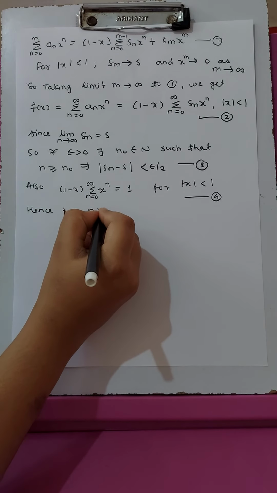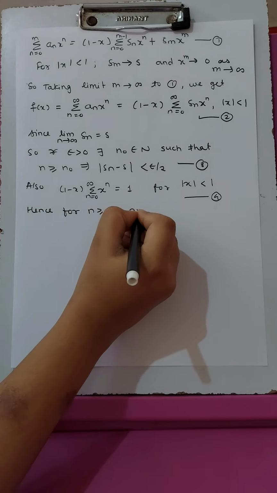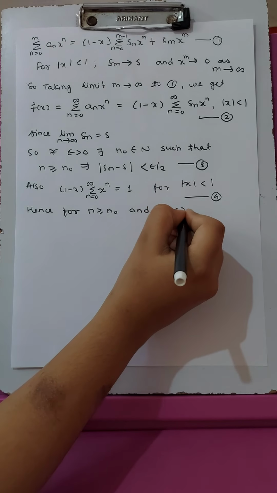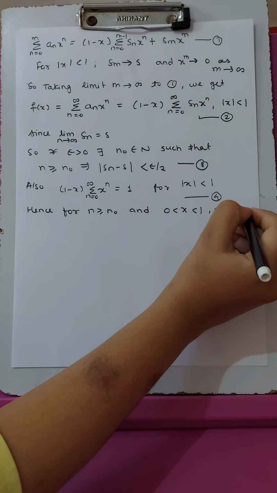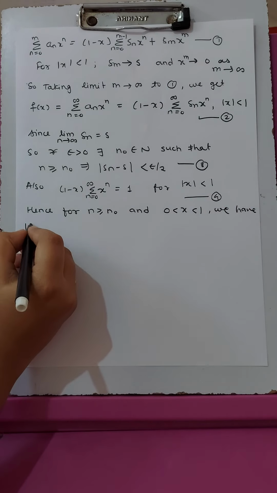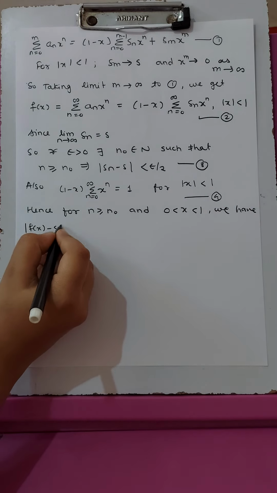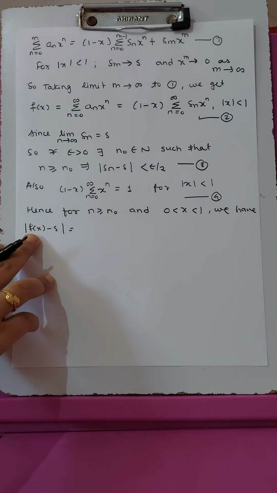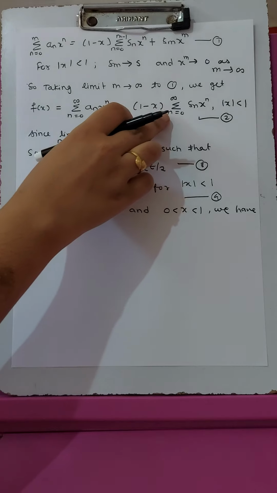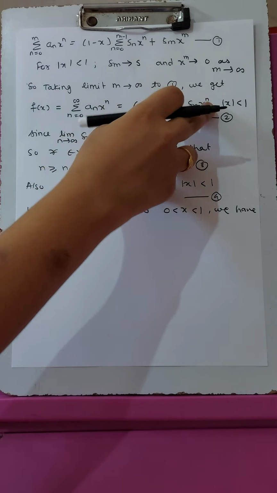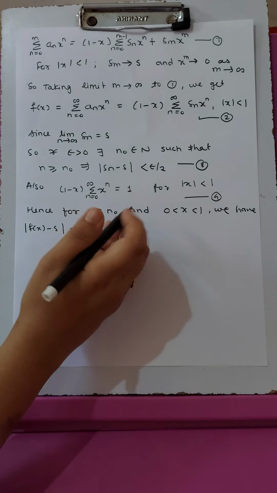Hence for n greater than n0 and 0 less than x less than 1, here we have mod of f of x minus s. Now we know that f of x is equal to 1 minus x summation n from 0 to infinity Sn x to the power n, from 2.